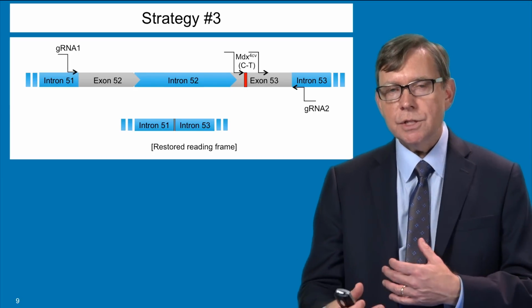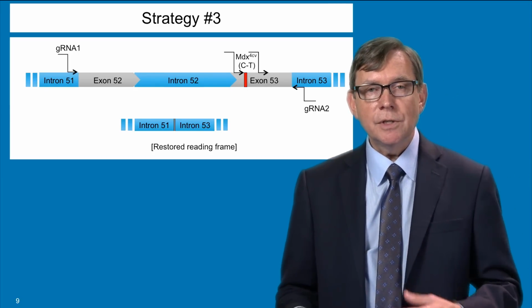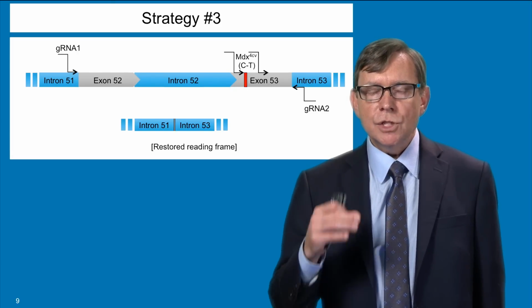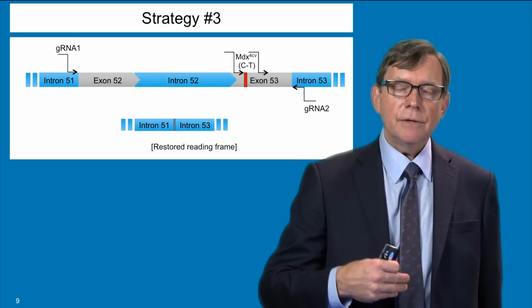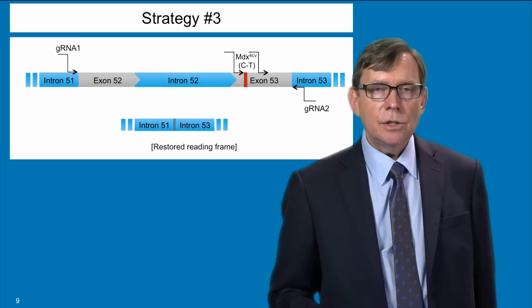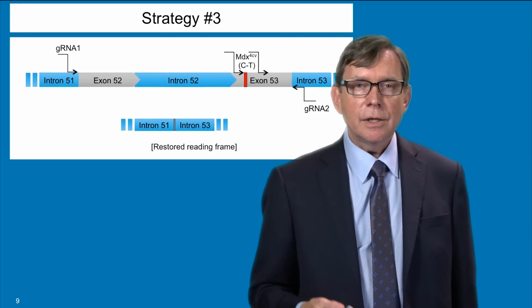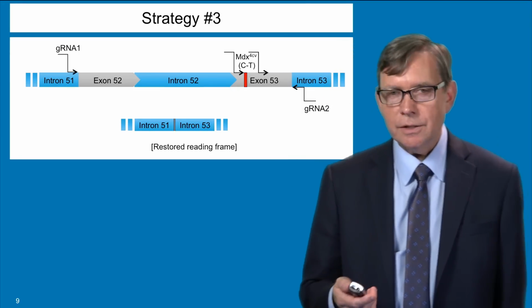We know from patient studies and from the mini dystrophin work we've done in the past that that type of a dystrophin will be highly functional. So any of these 3 different strategies, if we could get them to work, should lead to production of new dystrophin in muscle cells and hopefully correct the dystrophic phenotype.